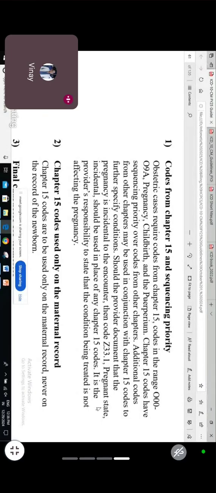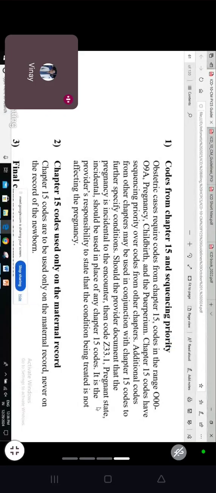You cannot put any condition which is the baby's condition, a newborn condition, with an O series code. This is only for the mother. We have P series codes for babies. Newborn codes are P series. If a lady is pregnant and we find any complication with the unborn baby, the fetus, you can put an O series code, because at that time you cannot put a P series code. If the baby is not born yet, the fetus complication will be considered a mother complication.